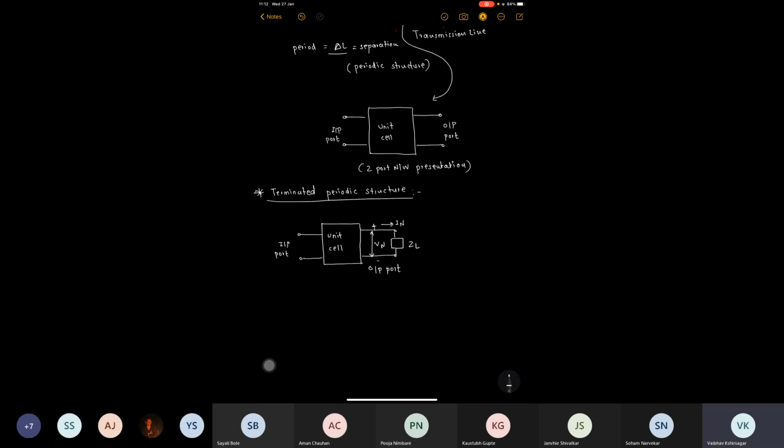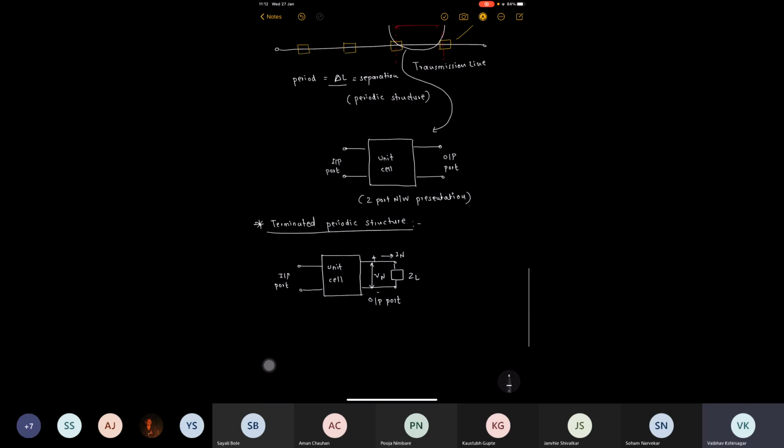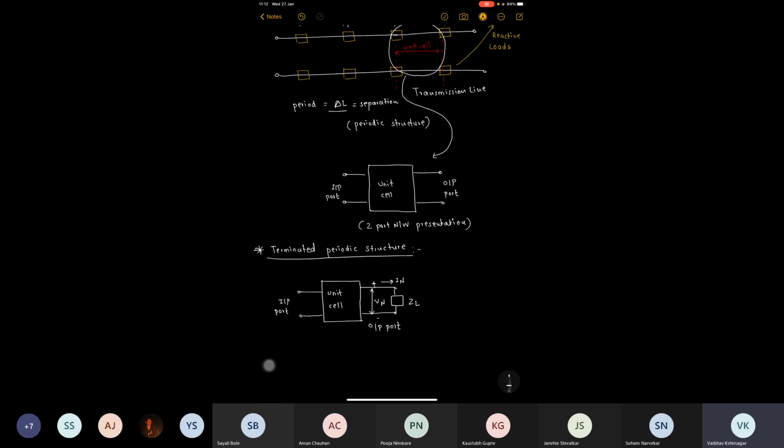So we have taken a piece of that loaded transmission line, which we call a unit cell, and terminated it at the output port with a certain load impedance ZL.